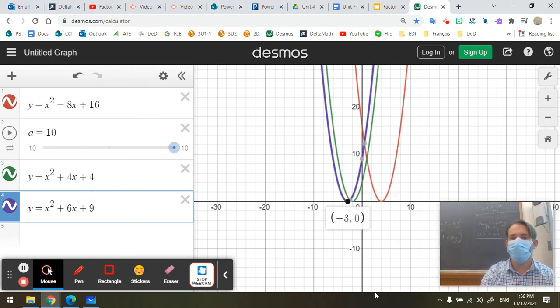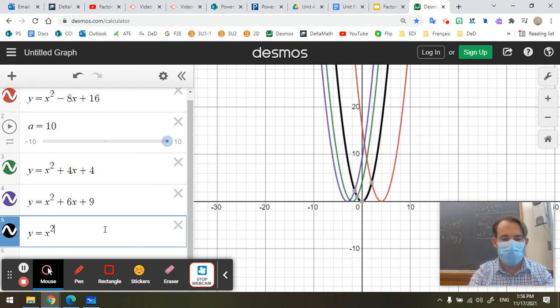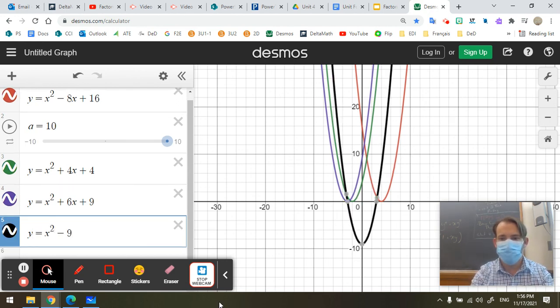If you want a parabola with vertex along the y-axis, then do a difference of squares. Like y is equal to x squared minus 9. There. Has its vertex at negative 9, and it's a perfect square. It also shares roots negative 3 and positive 3. X squared minus 9, difference of squares.